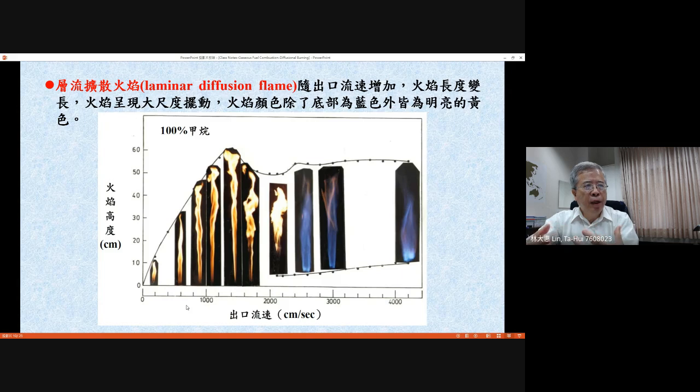They release yellow emissions, and the light is quite clear to tell you that inside the diffusion flame there is a certain amount of carbon particles. That is a sooty flame.